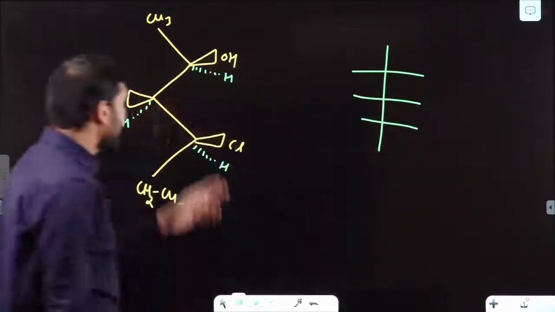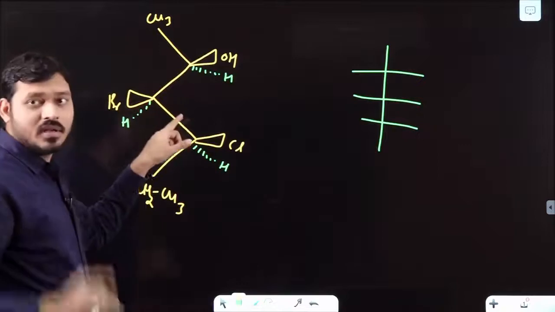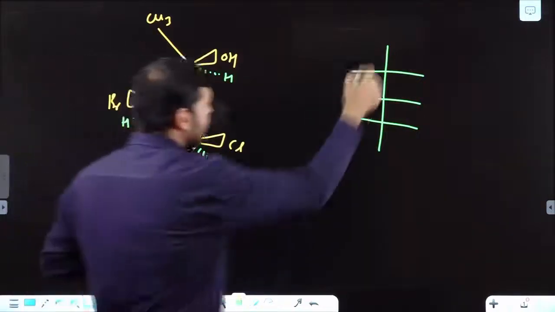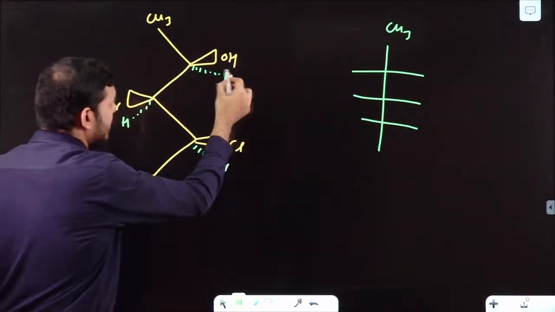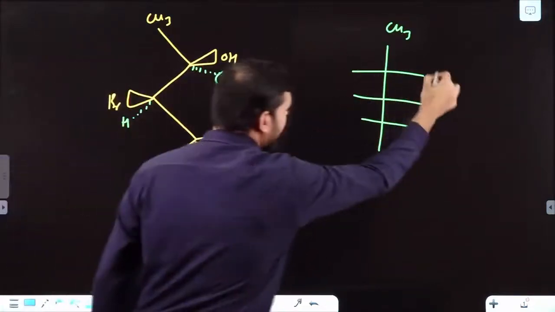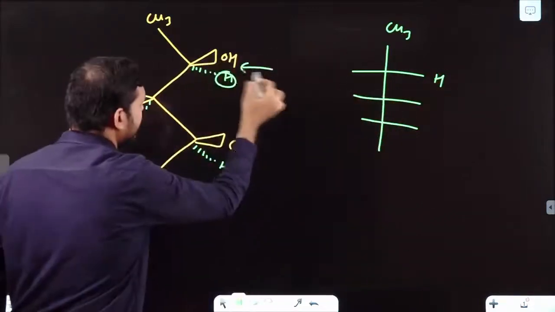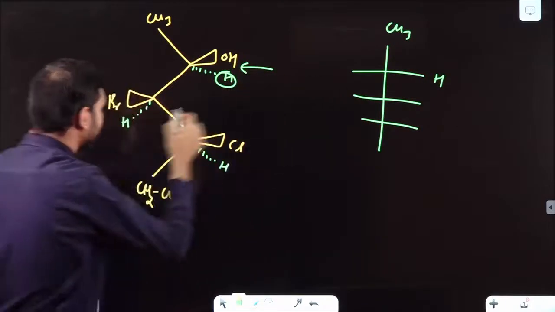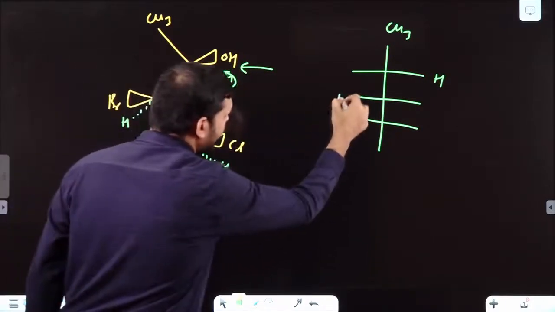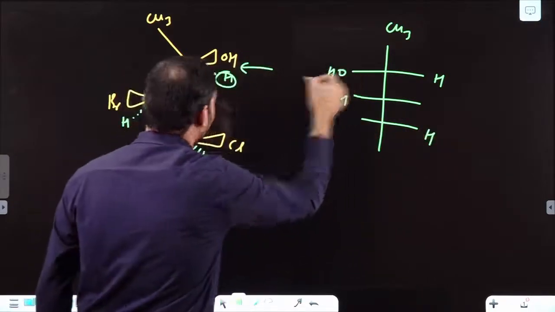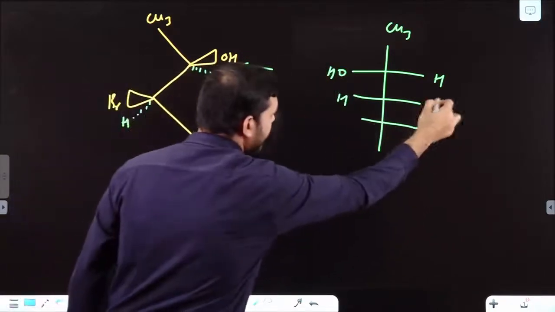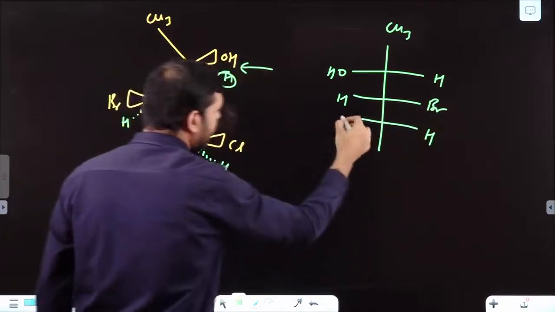As you can see, I have taken three chiral centers. So top is your CH3. This will be, see, as I told, dash part this side. Just you can take the observer's eye here, H that side, hydrogen this side, and here hydrogen right side. Now you can place OH here, Br here, and this Cl this side.